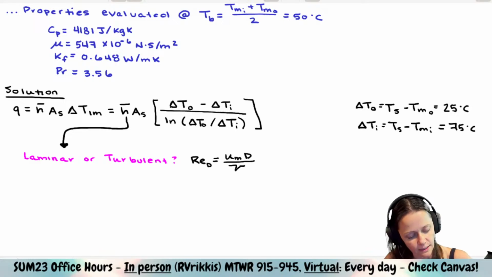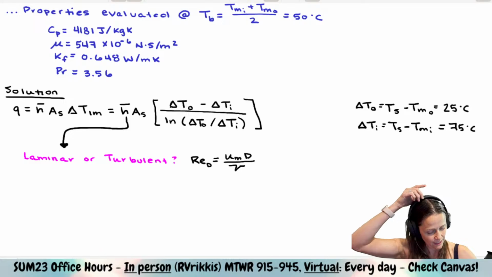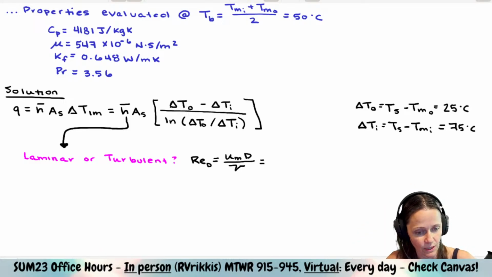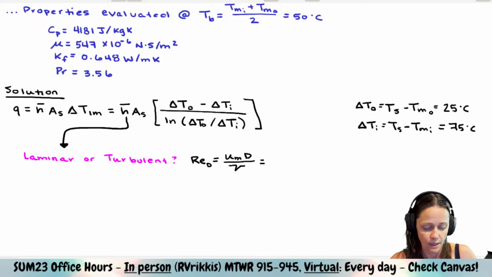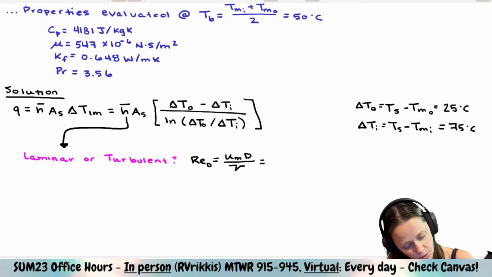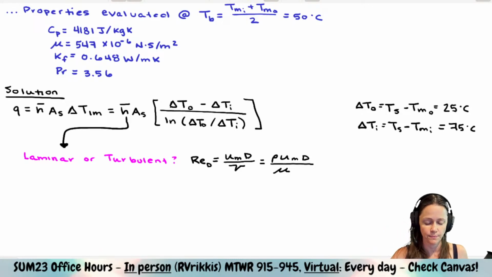I've been writing it with the kinematic viscosity, but of course I've got the property here, so I need to write it in the correct terms. This is on your equation sheet as well. So rho times U mean times the diameter over the dynamic viscosity.